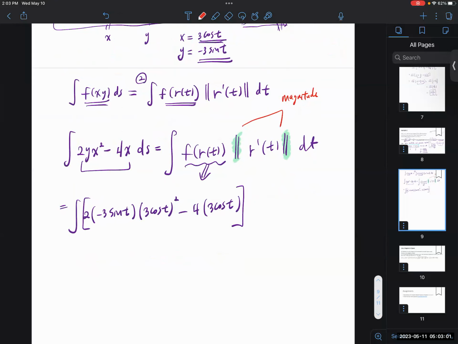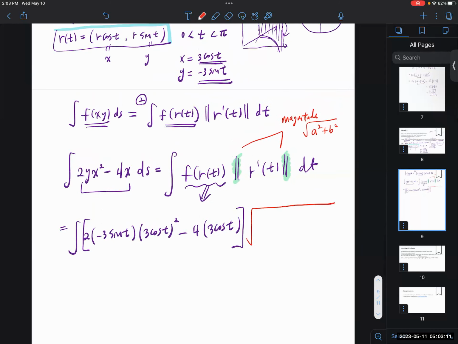So whatever the components, you have a squared, b squared. So we're gonna do that work. This is going to be a radical. What is it? It means the square root of x squared plus y squared. So let me change x and y. So x is 3 cosine t.